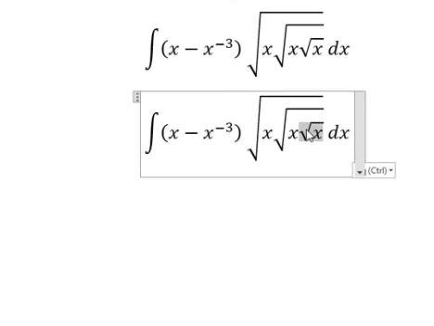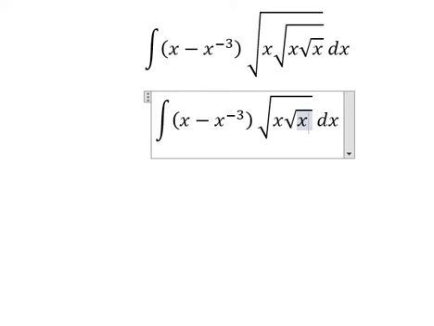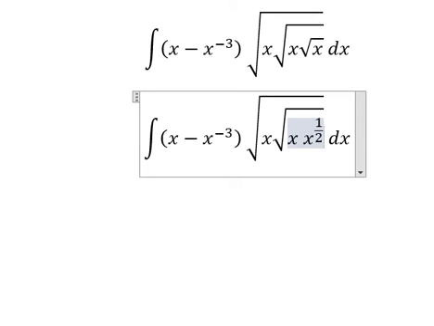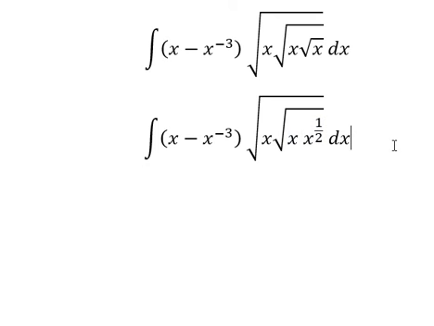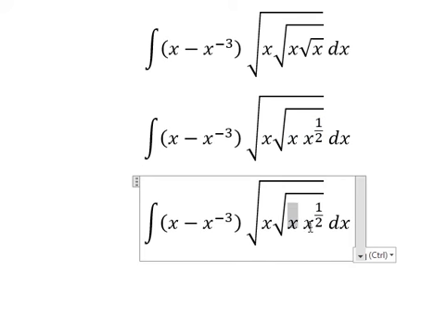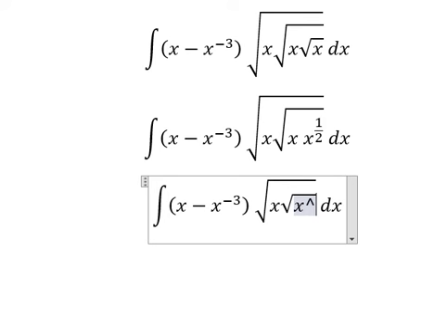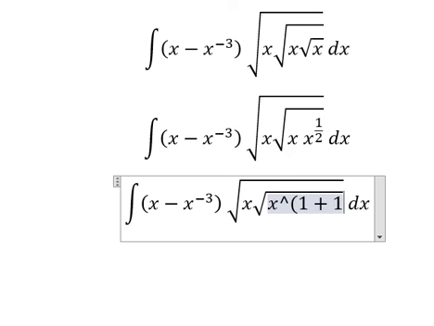About the square root of x, represent it as x to the power of 1 over 2. Next, x multiplied by x to the power of 1 over 2, we have x to the power of 1 plus 1 over 2.